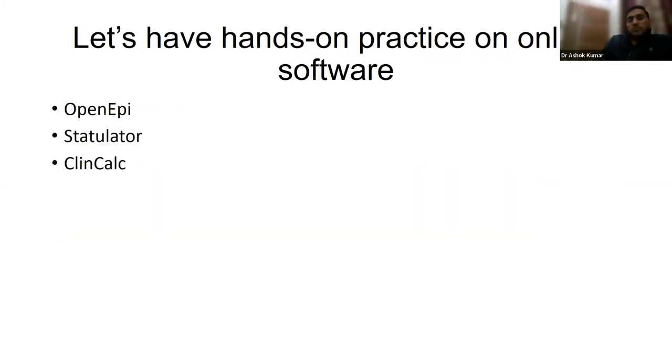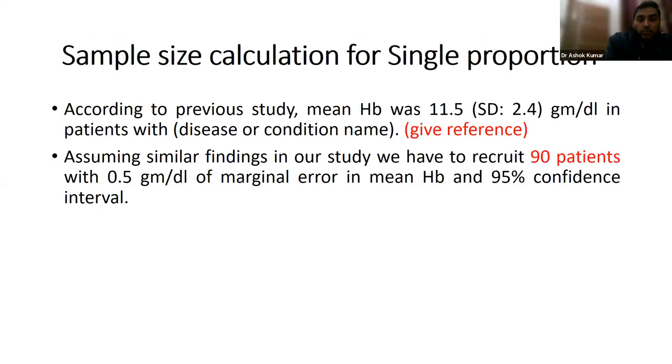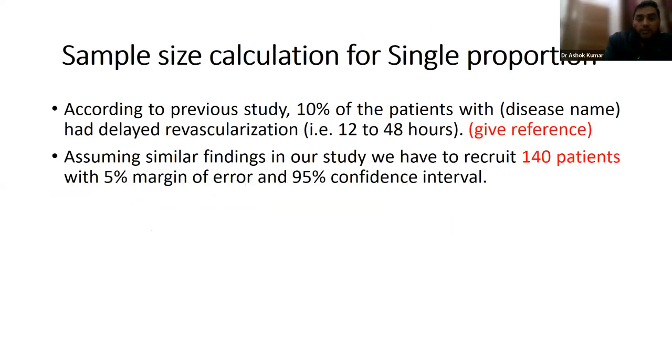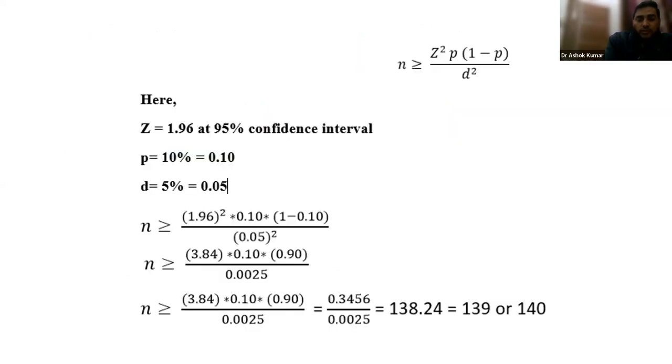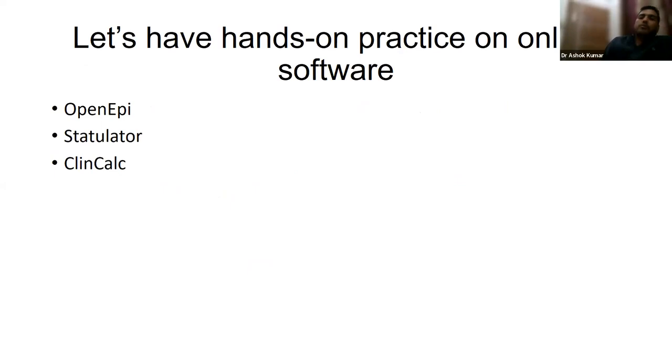Now let's have hands-on practice on online software. When we do sample size calculation using pen and pencil, we can do it according to this, but we don't have time, and there might be some error during calculation. Then we can do sample size calculation using online software. A very famous software is OpenEpi, which is free of cost.